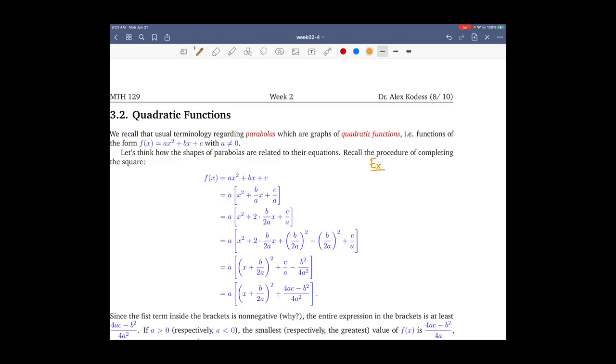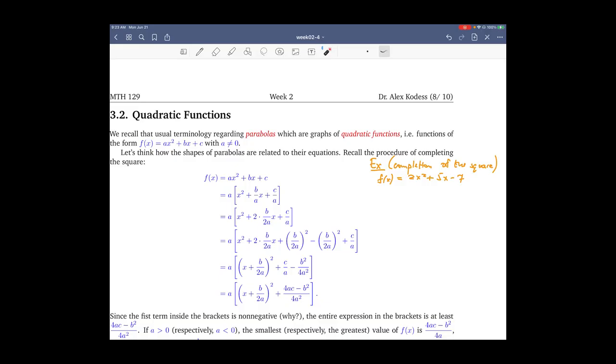Let's say we want to complete the square in the function 2x squared plus 5x minus 7. In general, ax squared plus bx plus c.